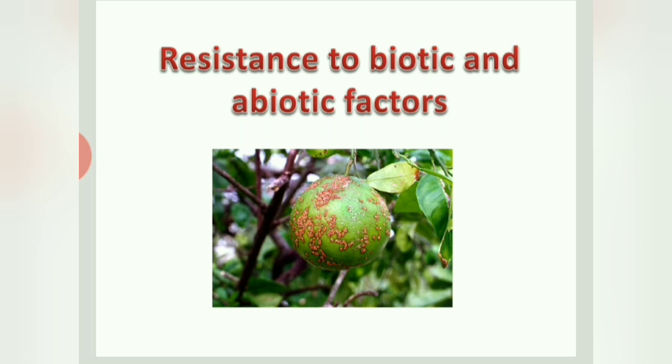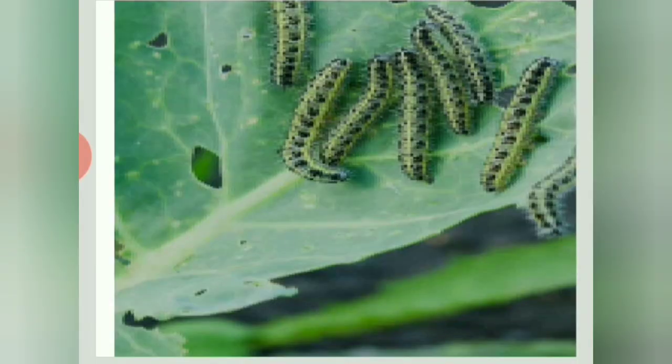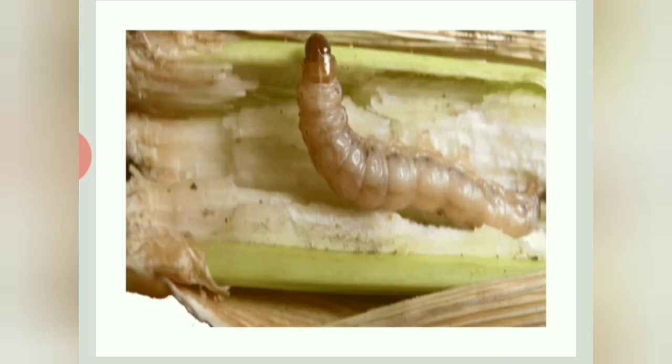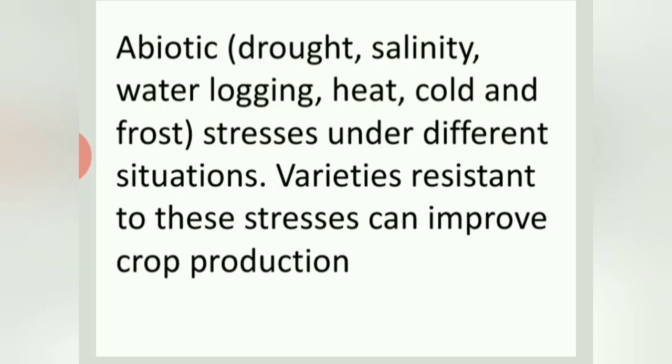Next, the crop should be able to resist both biotic and abiotic factors. If we look at biotic factors, there are many insects which affect the crop. We can classify the insects into three types: cutters, borers, and suckers. A worm that penetrates into the stem and sucks the cell sap entirely is called a borer. Grasshoppers eat and cut the leaves, so they are called cutters.